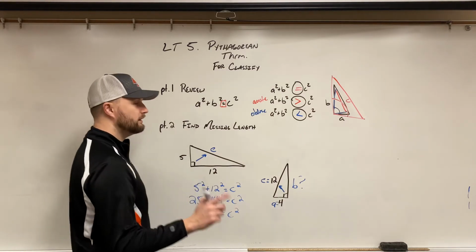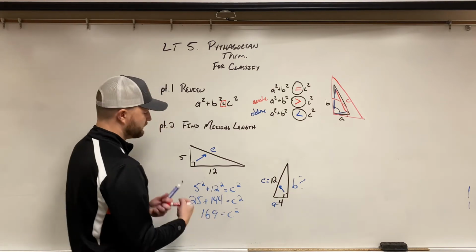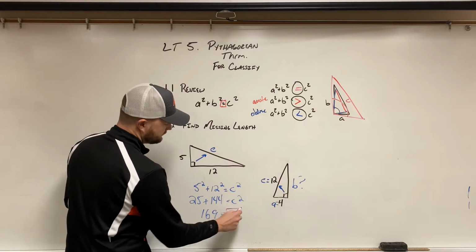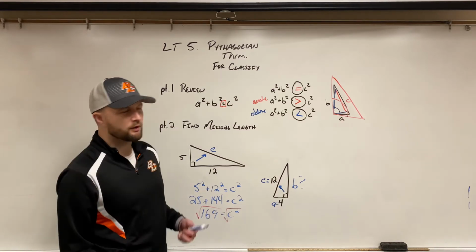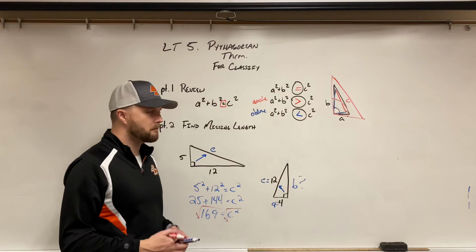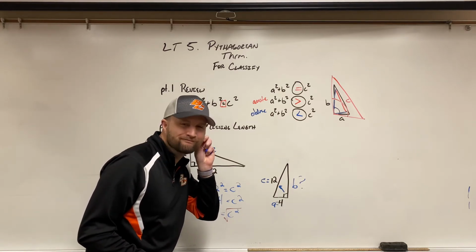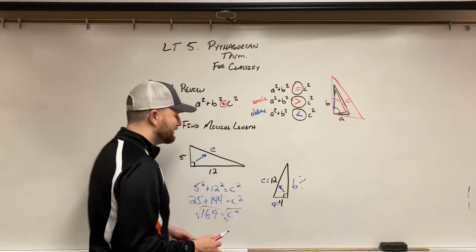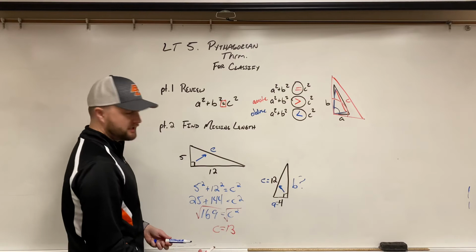And if you don't already know the answer, you could of course use your calculator to take the square root. But this is one you should know. Okay, Google, what's the square root of 169? Square root 169 is 13. Oh, thank you. So, wow, c would equal exactly 13.